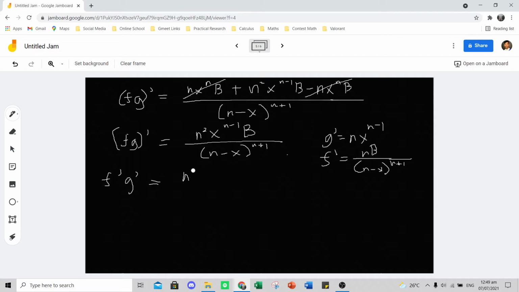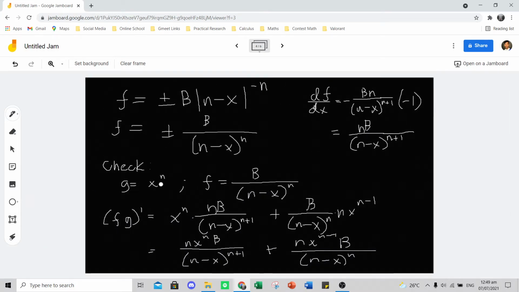So we have n squared times x raised to n minus 1 b all over n minus x raised to n plus 1. And wow, we see the resemblance, and we checked that this is true: the derivative of fg is equal to f prime g prime if g is equal to x raised to n and f is equal to b all over n minus x raised to n.